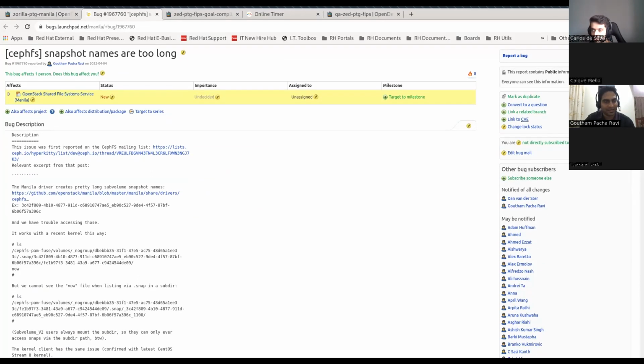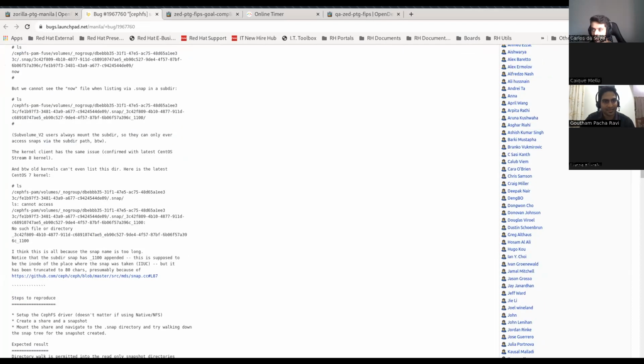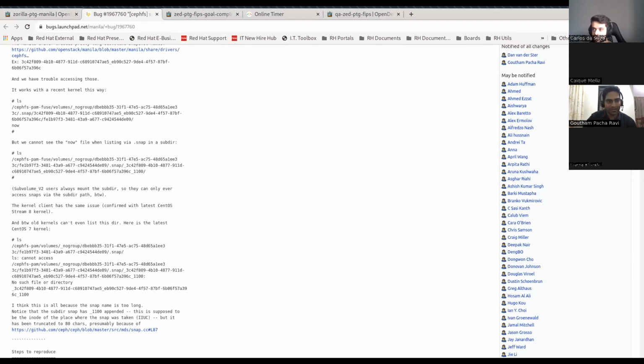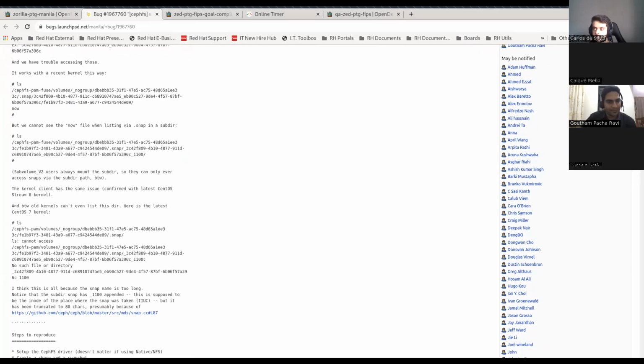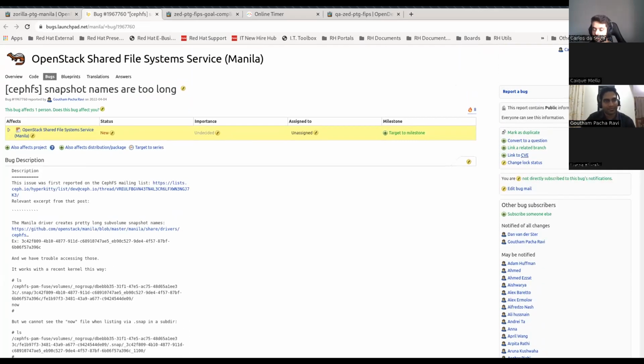It is concatenating the IDs to create the snapshot name on the back end. Every time we create a snapshot, we take an ID that we create, just a random UUID, and append that to the share that we are creating the snapshot from, and that's how we get the name for the snapshot.